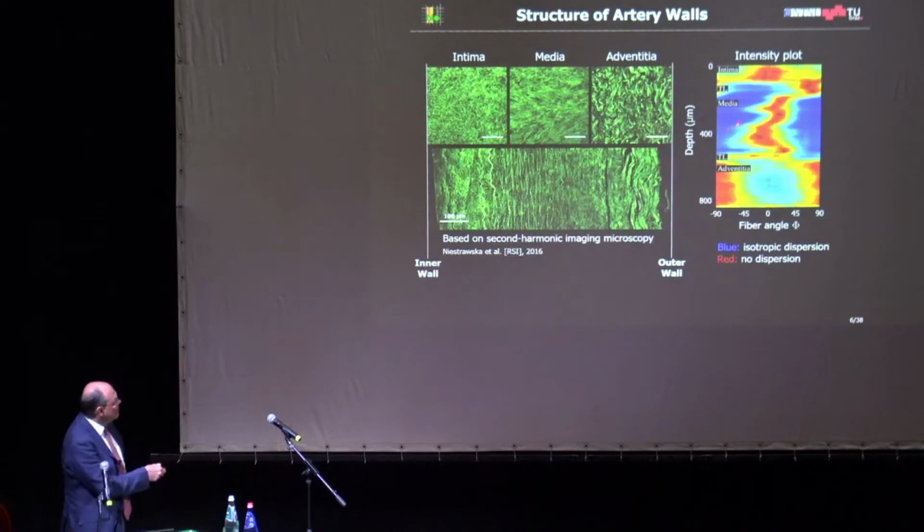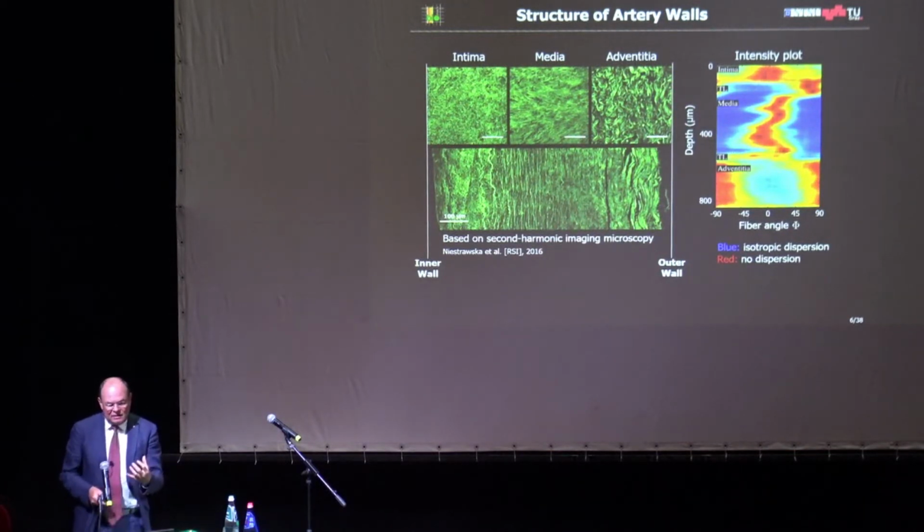So that means here we have isotropy basically, but here 0 means in the circumferential direction we have pretty much collagen fibers here in the media, but here at 90 degrees towards the axial direction we have the collagen fibers in the adventitia. The point is, we are now able to characterize this spatial orientation of the fiber.